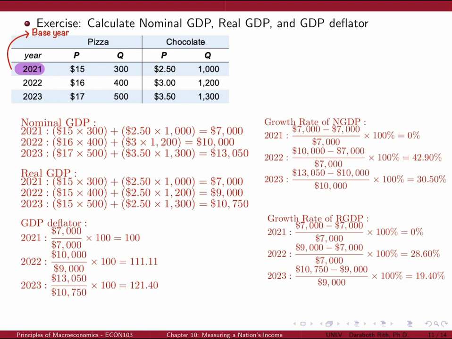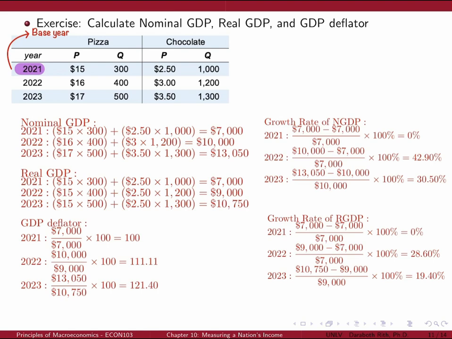For year 2022, price of a pizza $16, quantity of pizzas 400, price of a chocolate $3, quantity of chocolates 1,200. Nominal GDP, so you take $16 times 400 plus $3 times 1,200, that equals $10,000.